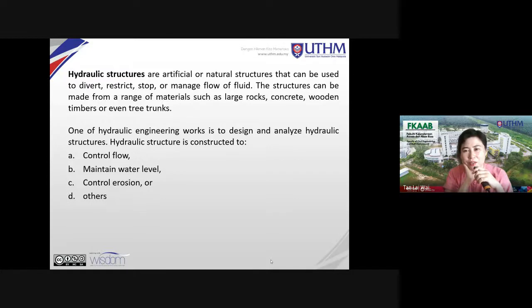Sometimes, due to animals, for example beavers, you have fallen trees across the river. All those are considered obstructions or structures obstructing the flow, and you can actually use them to control the flow as well.